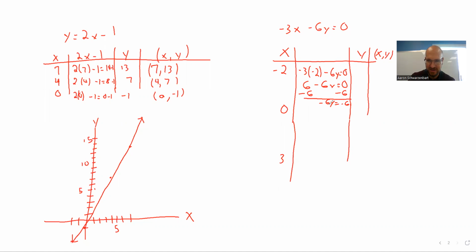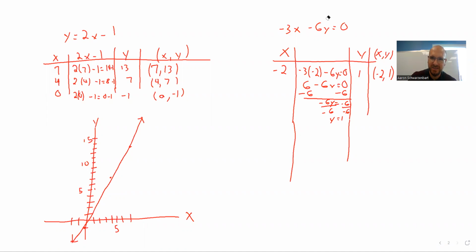And then this is -6y, means -6 times y. To undo multiplication, I must do division. So y equals 1. My coordinates are -2, 1. Apparently did not leave quite enough room there.